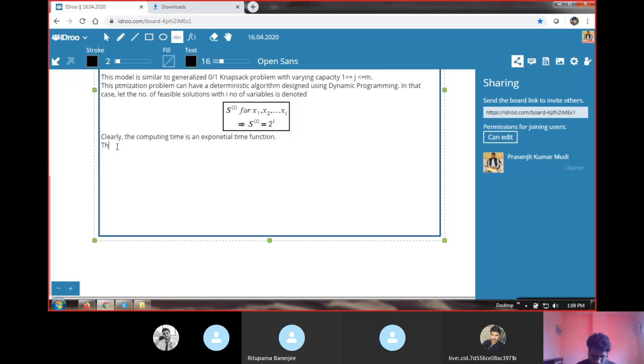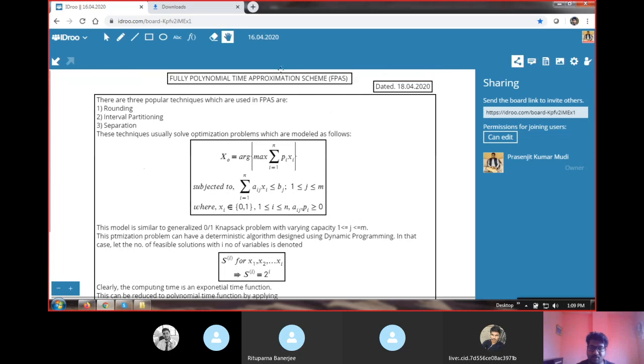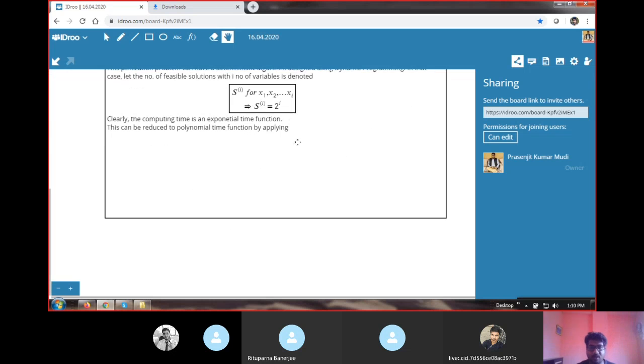So this has to be reduced to a polynomial time function, because in a fully polynomial time approximation scheme, the computational time must follow a polynomial function of n as well as a polynomial function of 1 by epsilon.